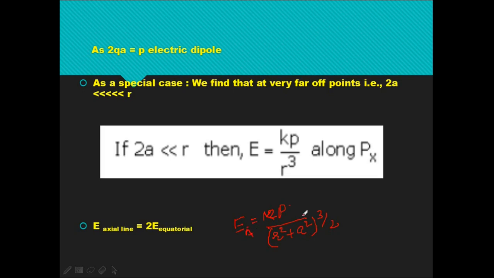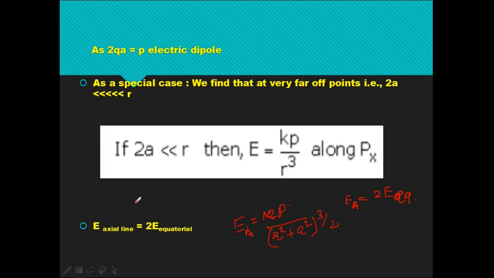The axial line expression is 2 times the equatorial line, where the expression for the equatorial line is Kp over R square plus A square raised to power 3 by 2.